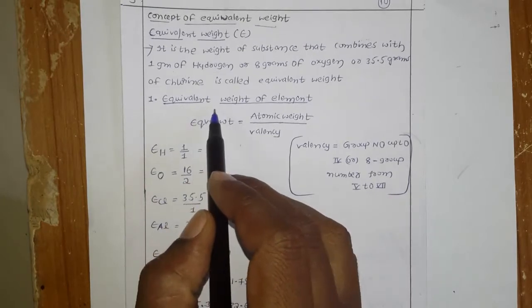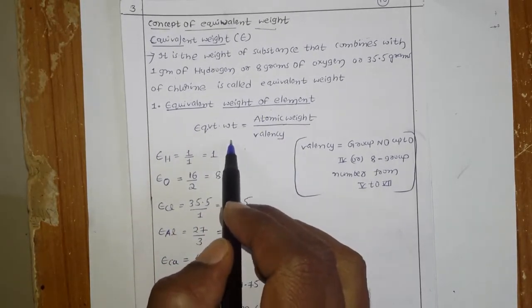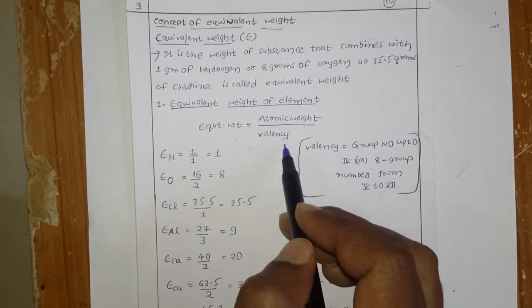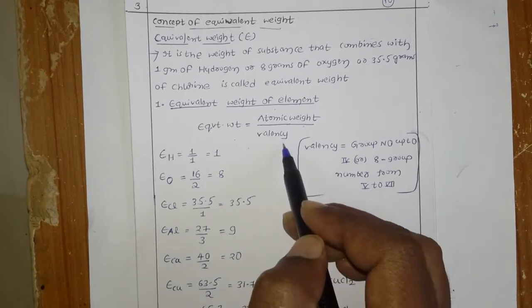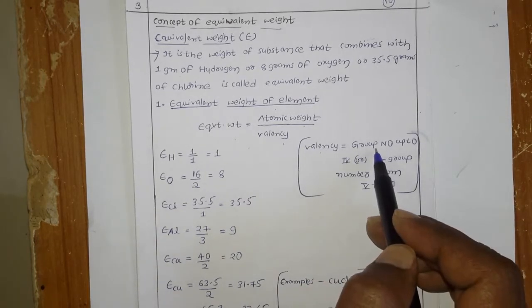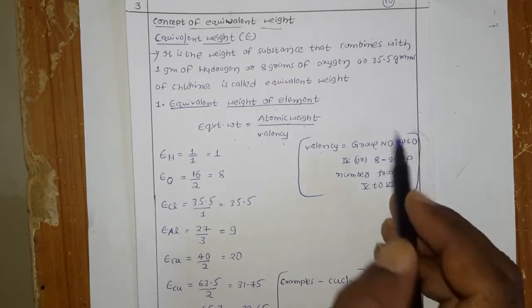How can we calculate the equivalent weight of an element? It is very simple. The equivalent weight is equal to the atomic weight divided by the valency. What is the valency? The valency is equal to the group number. For the first group elements the valency is 1, for the second group it is 2, for the third group 3, for the fourth group 4.